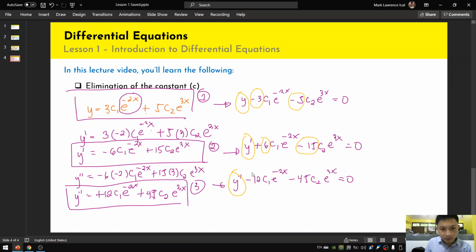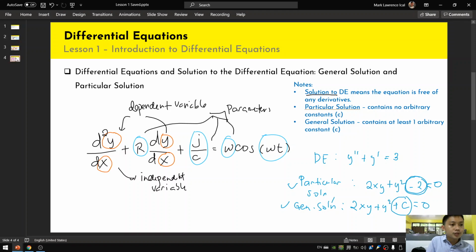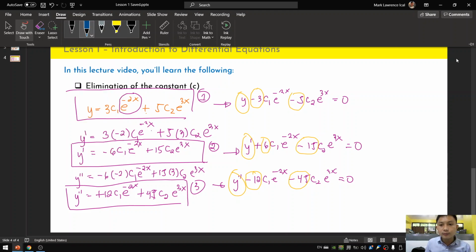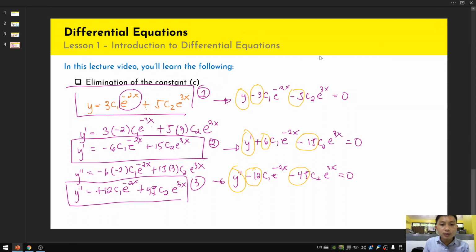Not the parameter, sorry. These ones, I don't know the name for this one, but here they are. Sorry. Okay. Change the color, so we put dark blue. Alright, so we write this one.